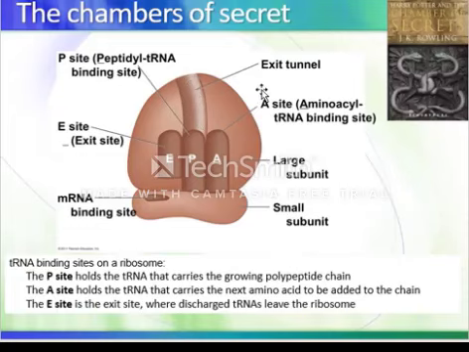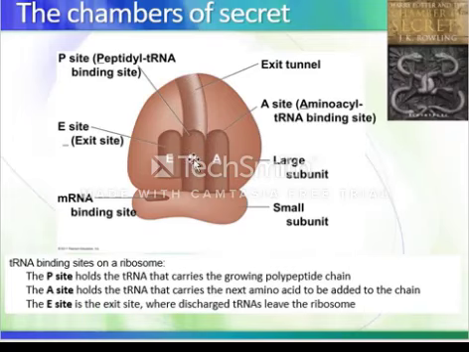So first, the charged tRNA, or the amino acyl tRNA, will bind to the A site, and in the P site we have the polypeptide chain that will link the new amino acid here, and the polypeptide chain continues to grow.